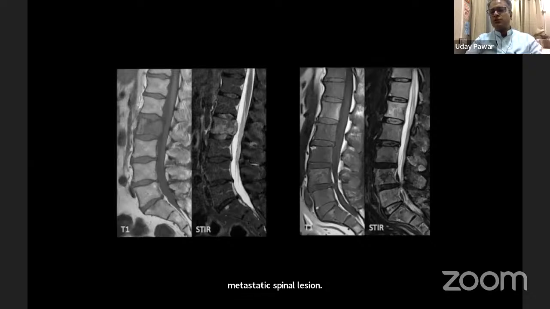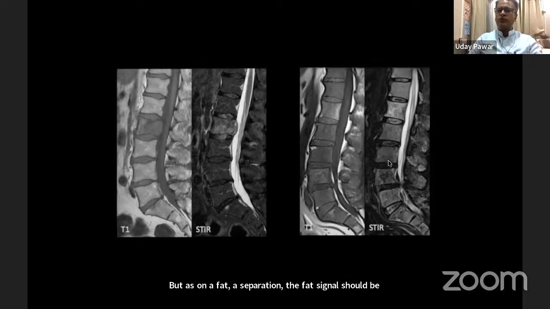And in some cases of leukemia, there is a diffuse change on a STIR image as well as on a T1 image of the MRI scan, which tells you that it's a diffuse lesion, because normally on a T1 image you should see more fat, whereas on a fat suppressed image the fat signal should be suppressed, as on the STIR image.